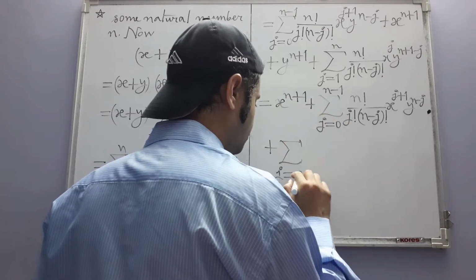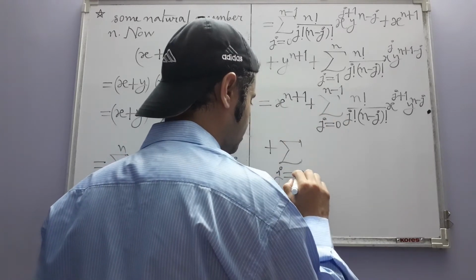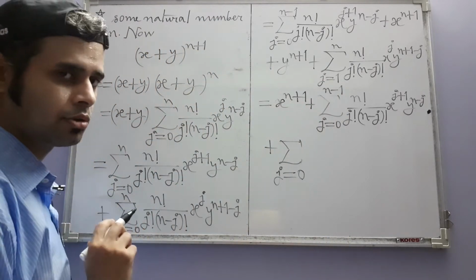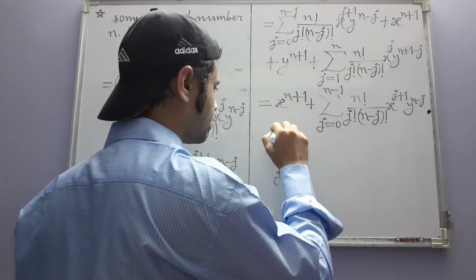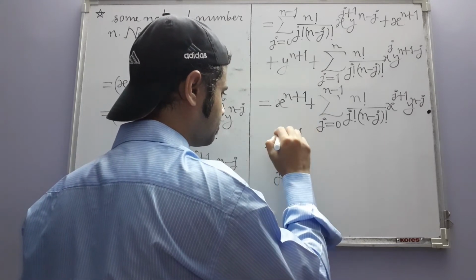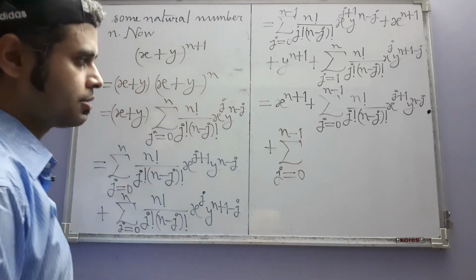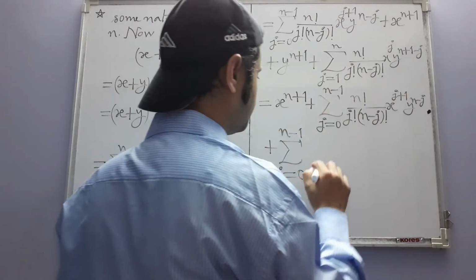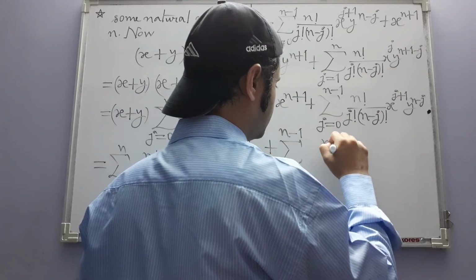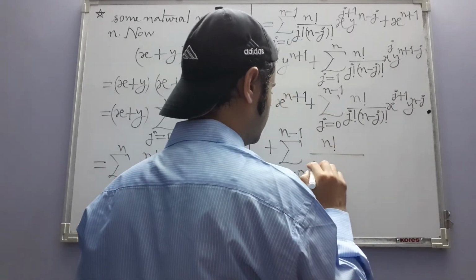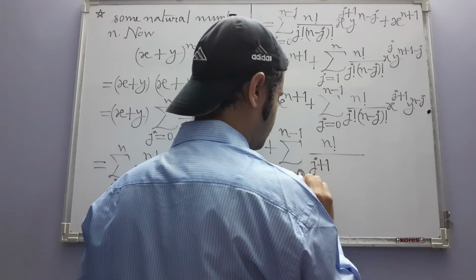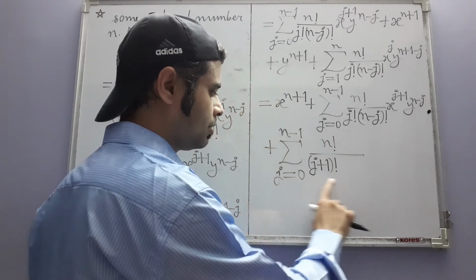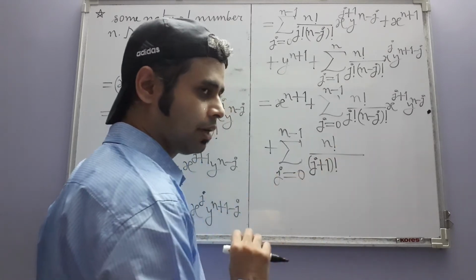Instead of 1, we are going to put 0 here. That means I have subtracted 1 from the lower limit, so I also have to subtract 1 from the upper limit. So in place of n, I have n minus 1. To compensate for this change, here we will have j plus 1 in place of just j. Here we have subtracted 1, here we have to add 1.